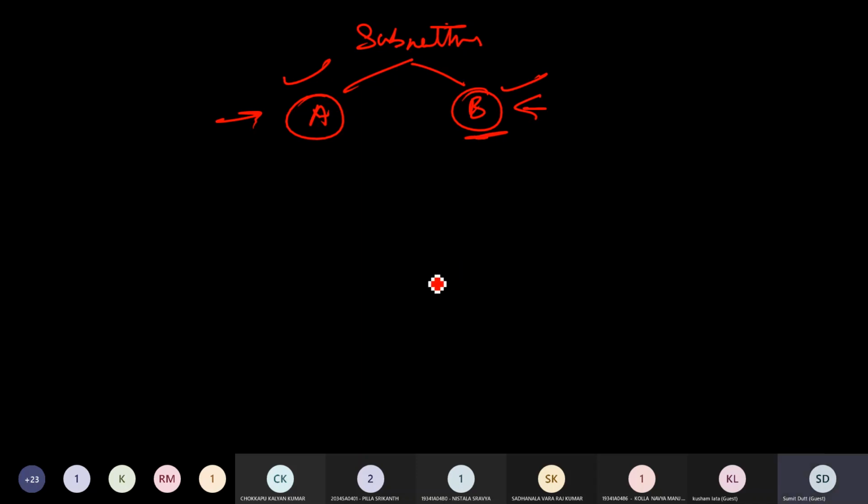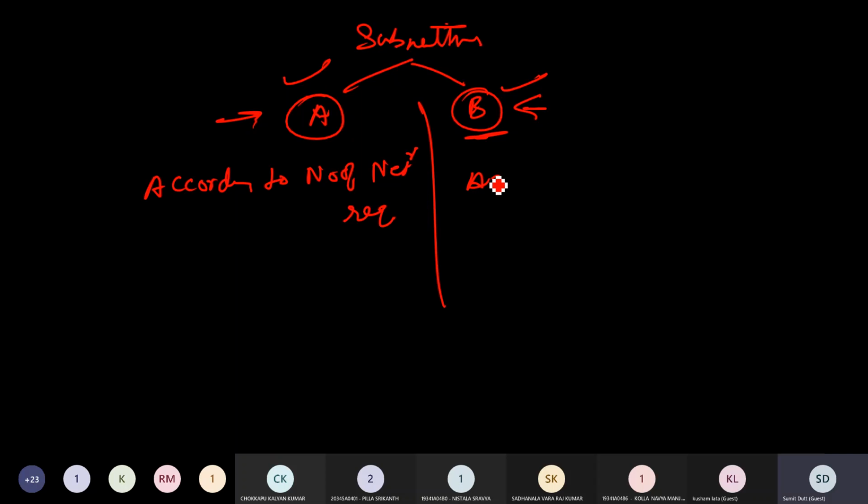So subnetting can be done with the help of two methods. One is according to the number of networks required. This is method one, or you can say logic one. The other logic is according to the number of hosts required.